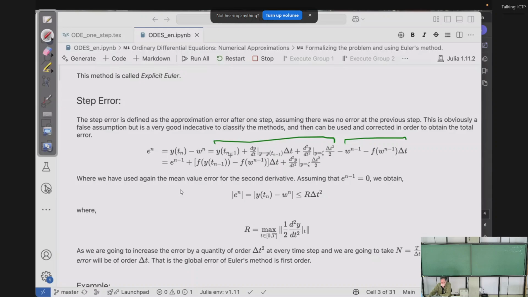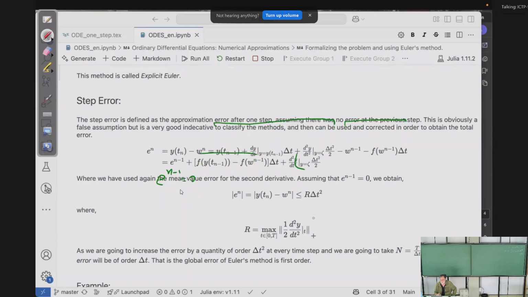So look at this term here. These terms I can use Taylor series now and write it. At this step we don't need that. We here just assume that the error En minus 1 is 0, so we didn't have any error. So this term is 0 because this is equal to that, and this term is 0. So this step error is just some constant coming from here times delta t squared. And this constant is a maximum between 0 and t of the second derivative of y.